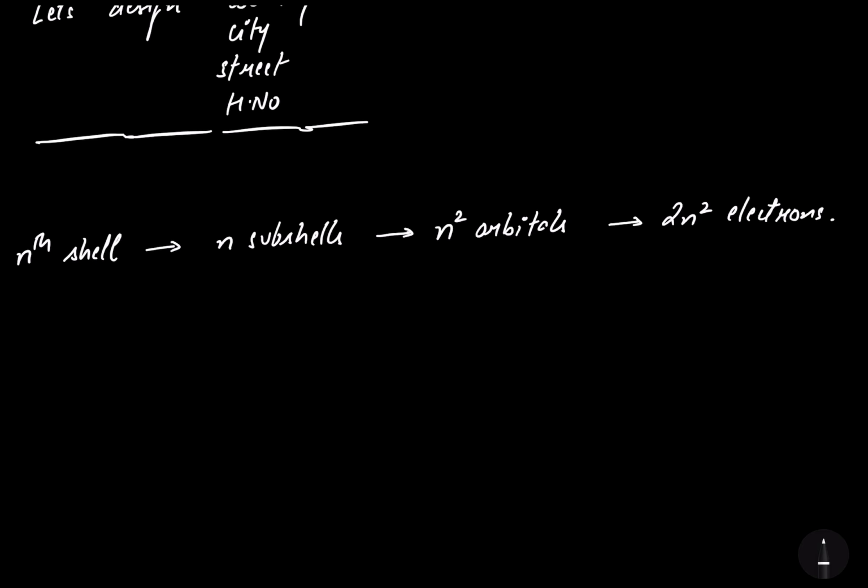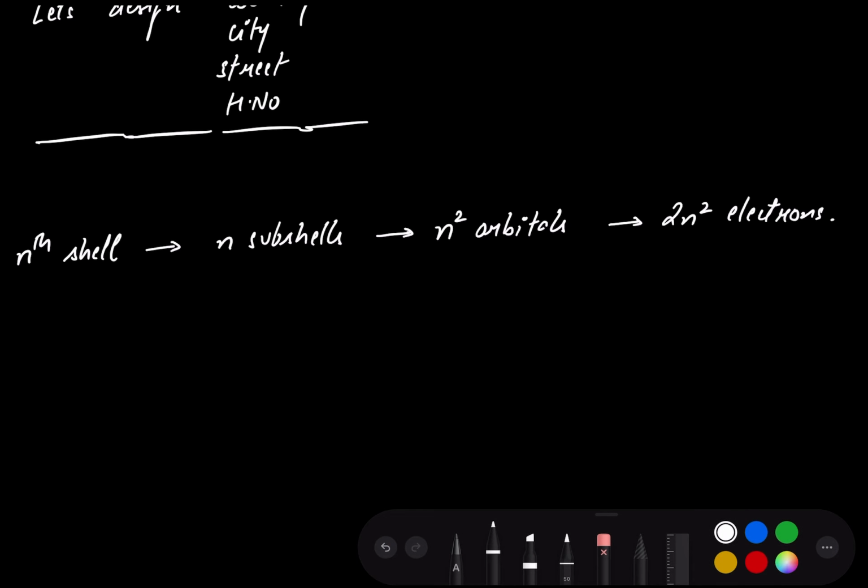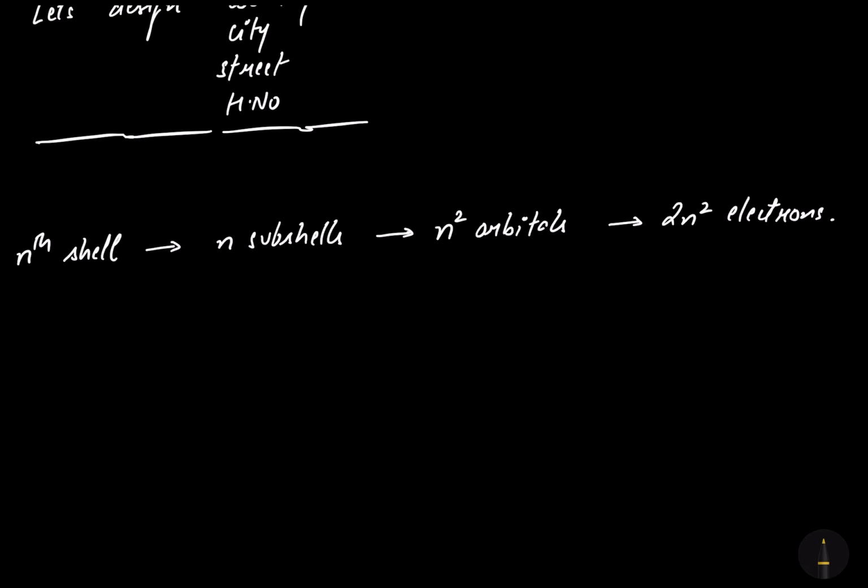So now let's talk about the first shell first. In the first shell, we will have only one subshell. Now 1 square stands for 1 only, so it will have only one orbital. And 2n square, now 2 into 1 square comes out to be 2, so it will have only 2 electrons.